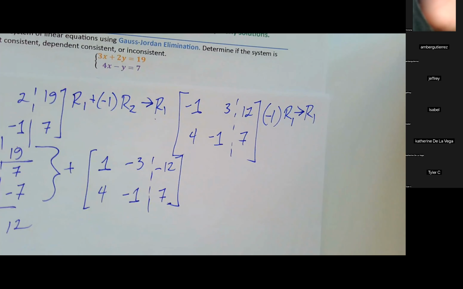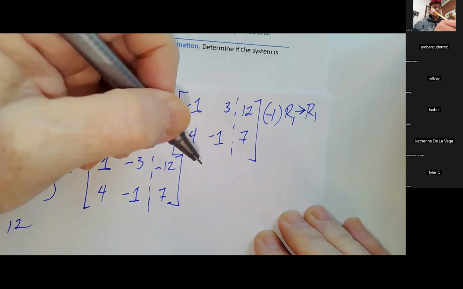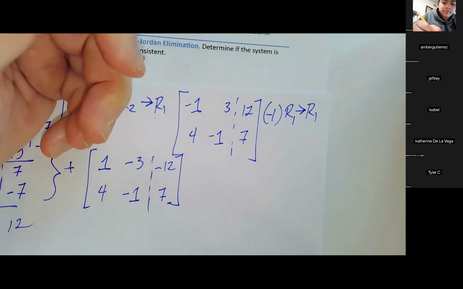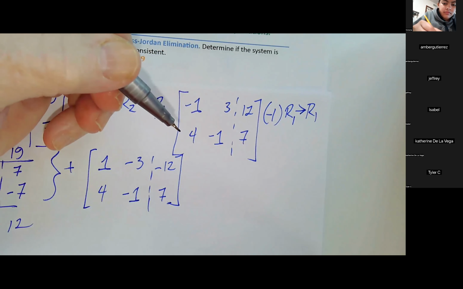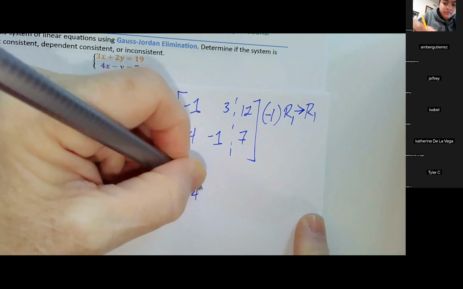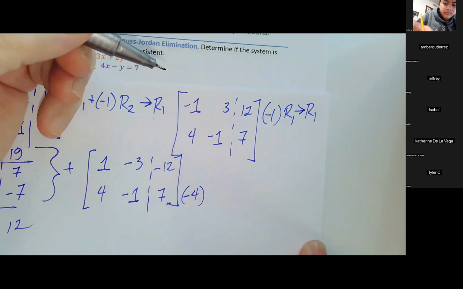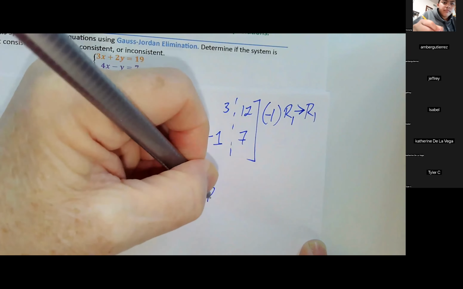Now what do we want? We want the 4 to be 0. Good. And what can we do to get the 4 to be 0? We can add -4. Good. And what row do we need to use? Row 1. Good.